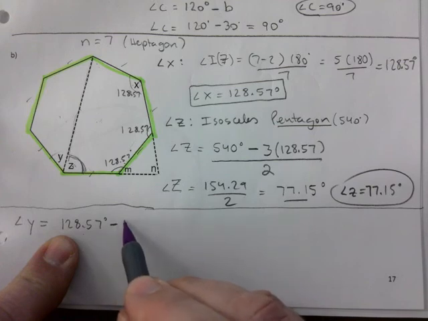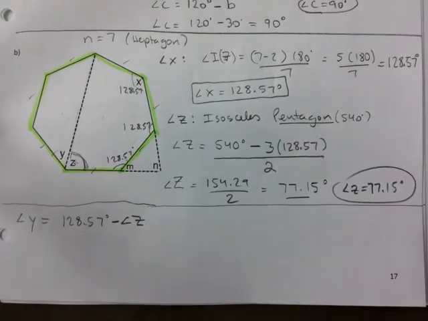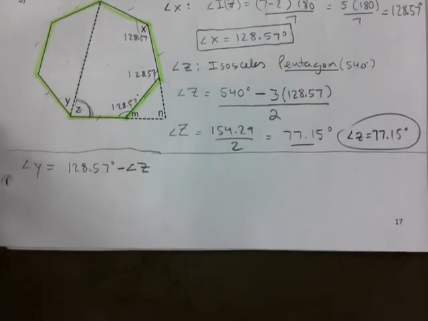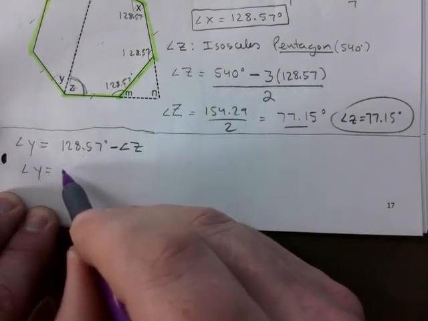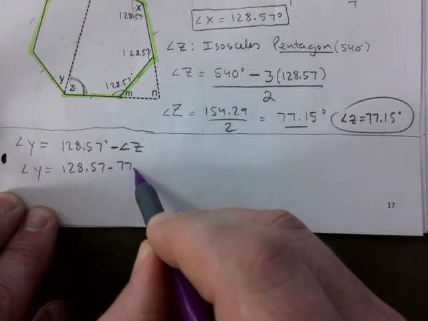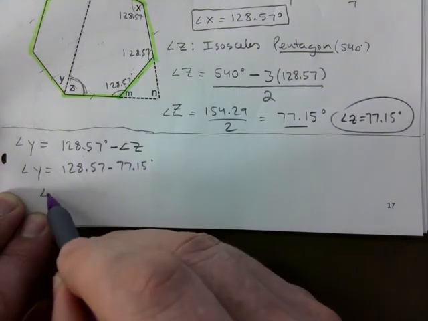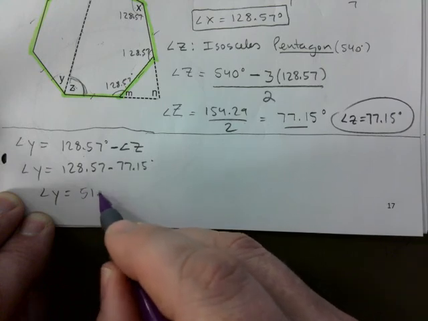I'm going to subtract angle Z from it. Let me just bring that up a bit for you there. And so angle Y is 128.57 minus 77.15. 51.42.